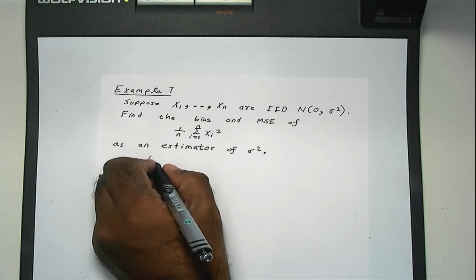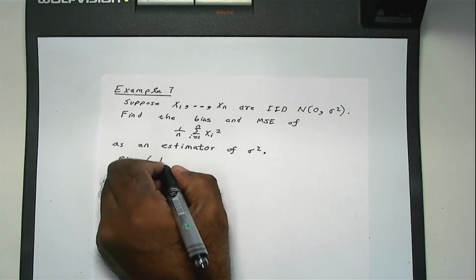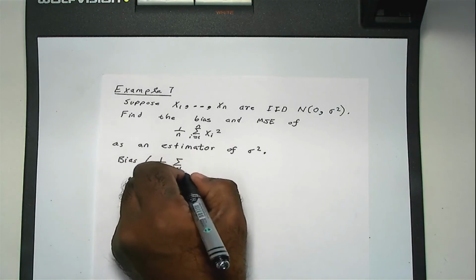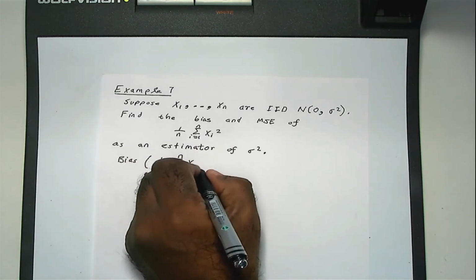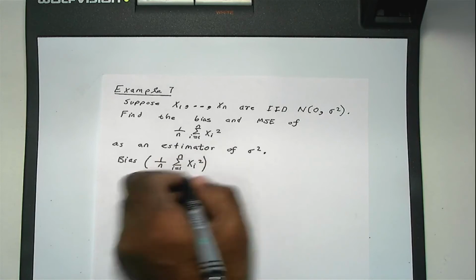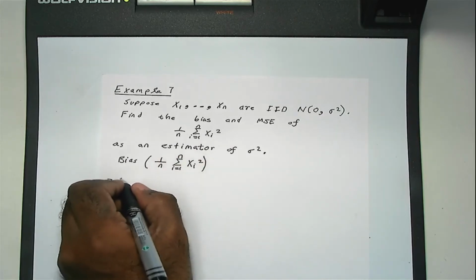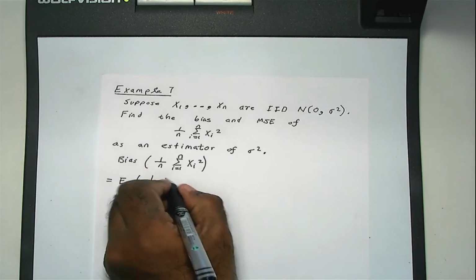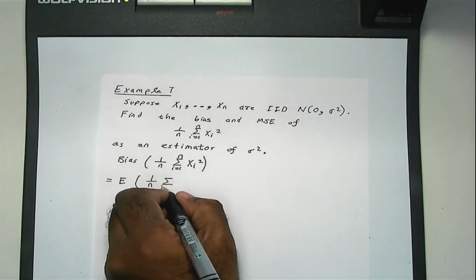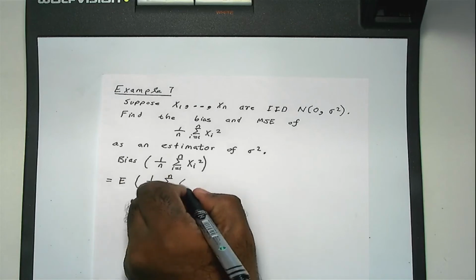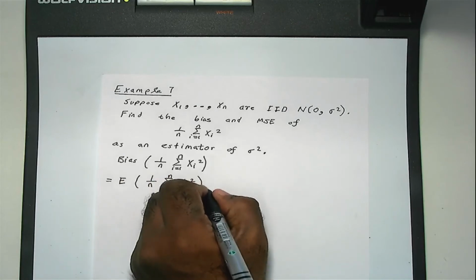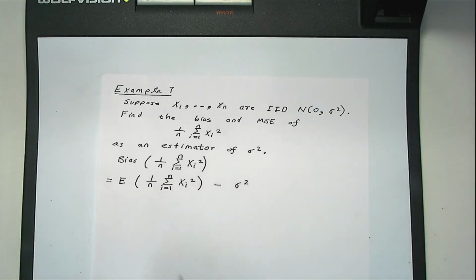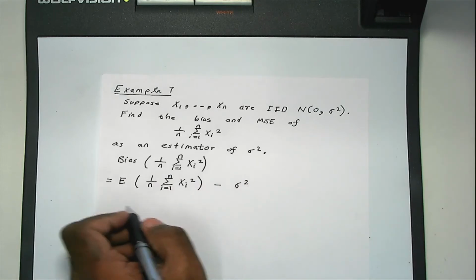So the bias of the estimator, by definition, is the expectation minus the parameter. Now I'm going to do something here.